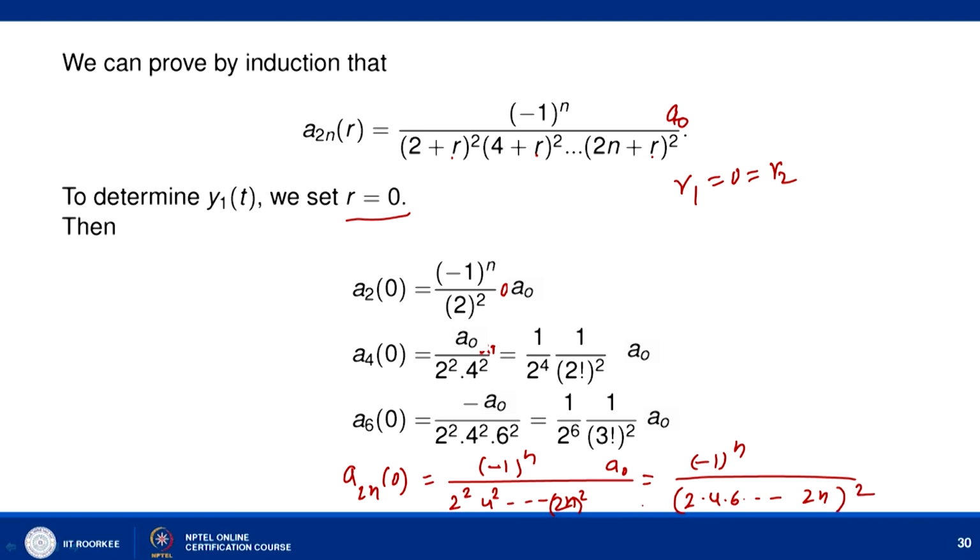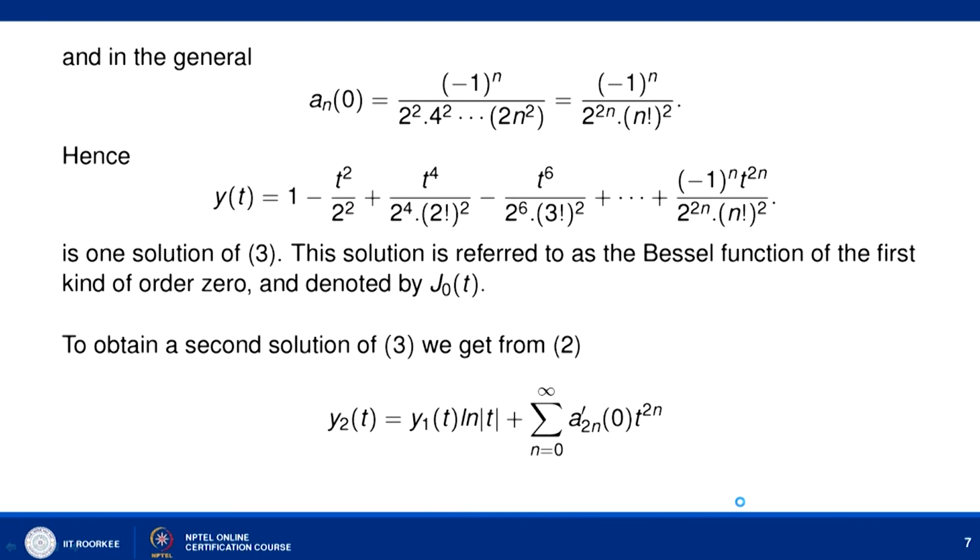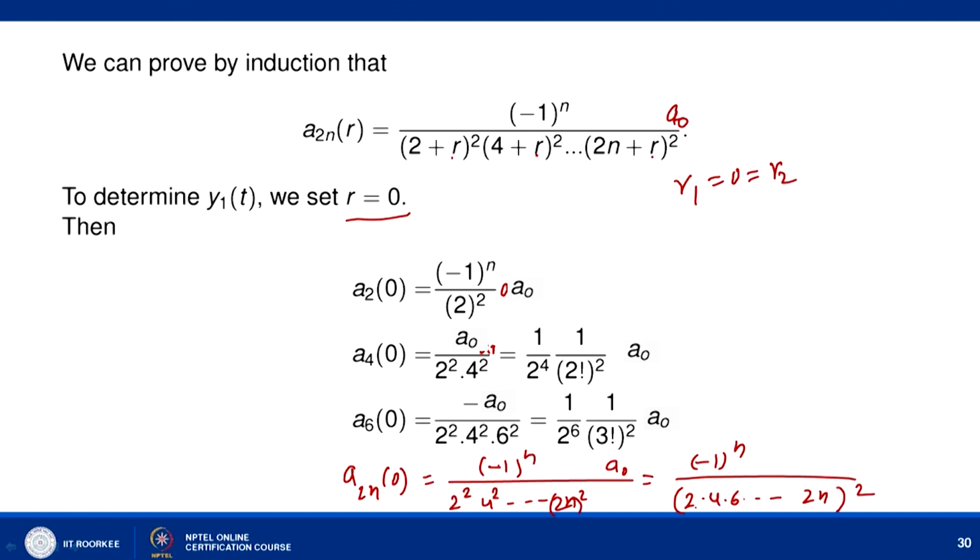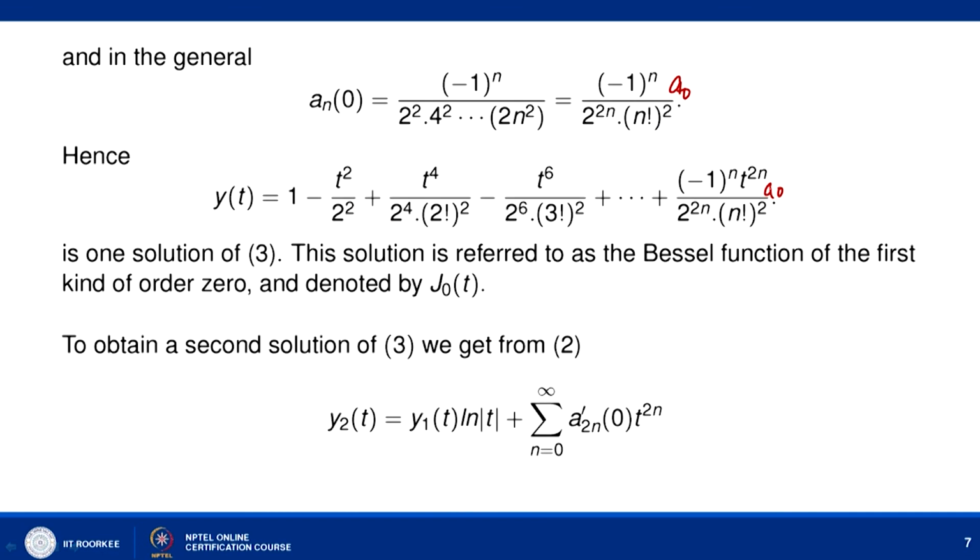This we can write as minus 1 to the power n over 2 to the power 2n into factorial n whole square. If we take 2 out, then it is 1, 2, 3 and up to n. So here we write minus 1 to the power n, and 2 to the power 2n will come out, and factorial n whole square, into a0. So here we got a2n(0) as minus 1 to the power n a0 divided by 2 to the power 2n, factorial n whole square.